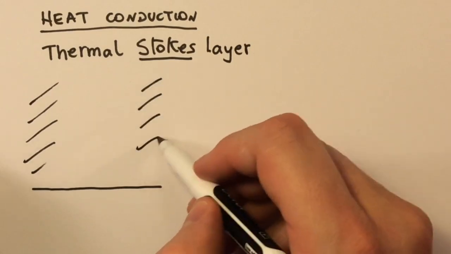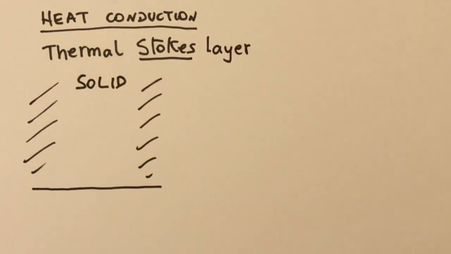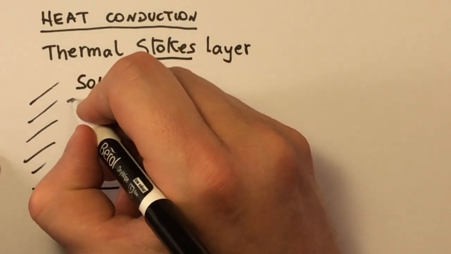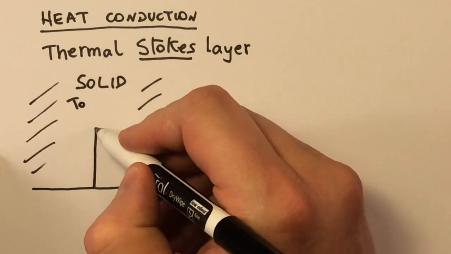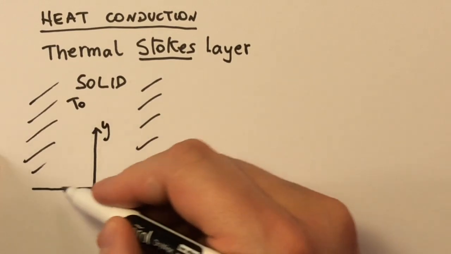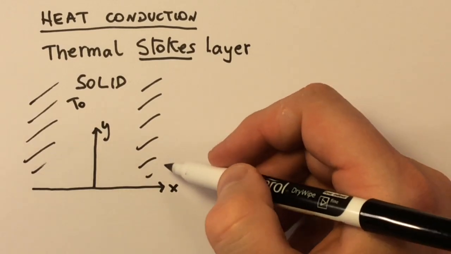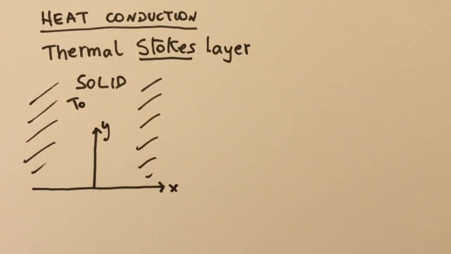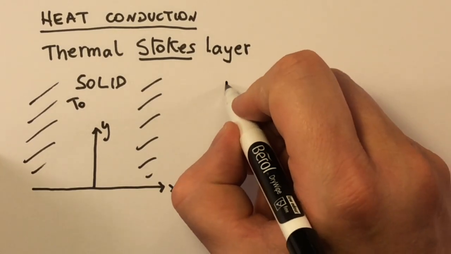So a solid here. And this solid is at a temperature T0. We define a coordinate system y perpendicular to the surface and x that runs parallel to the surface. And this solid has uniform properties.